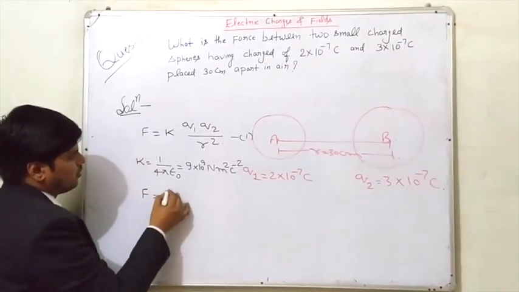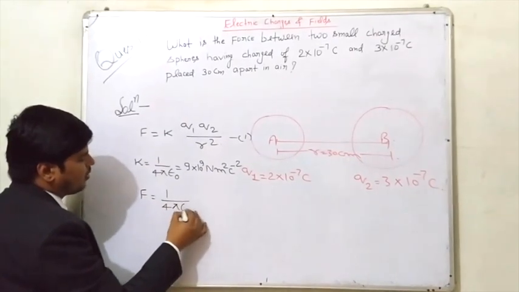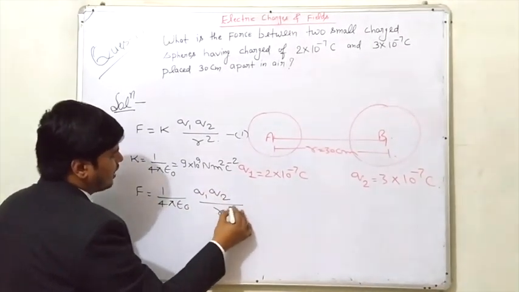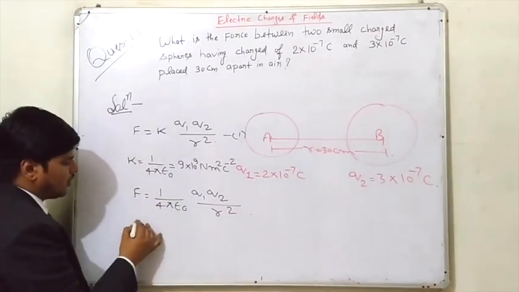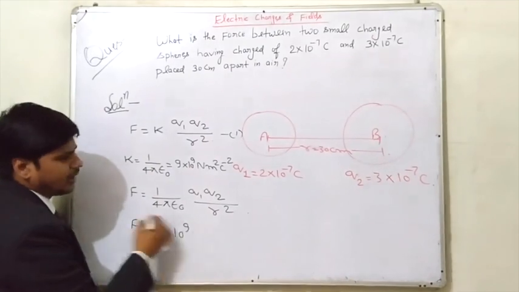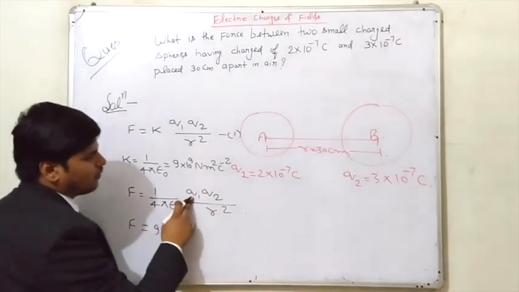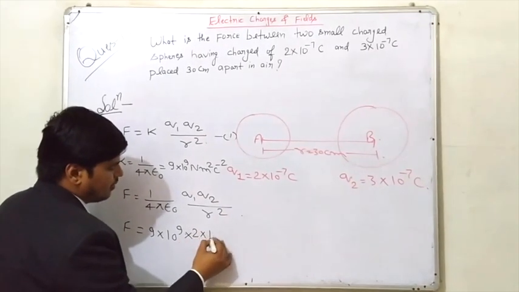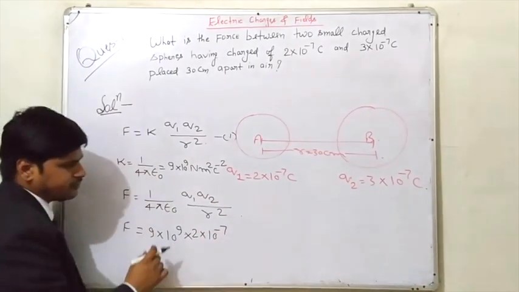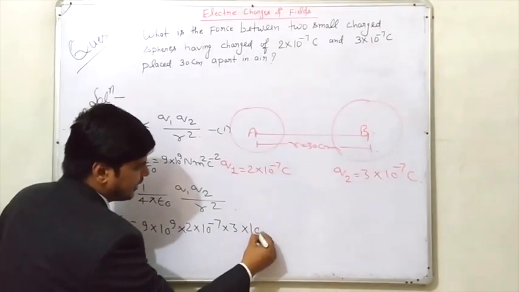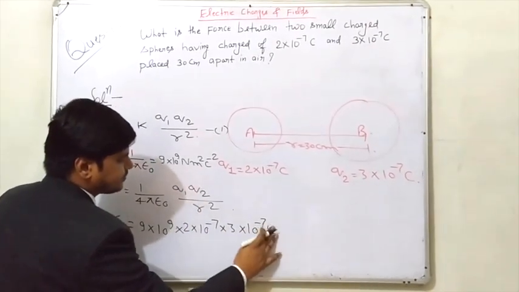F equal to 1 upon 4 pi epsilon naught Q1 Q2 upon R square. The value of 1 upon 4 pi epsilon naught is 9 into 10 to the power 9. The value of Q1 is 2 into 10 to the power minus 7, and the value of Q2 is 3 into 10 to the power minus 7.